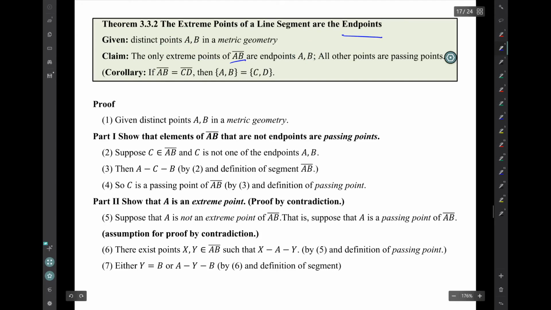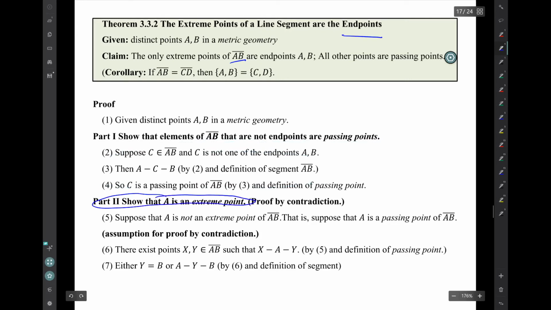Now the proof of this is very interesting. Now note the proof structure. We start by stating the given stuff. First thing we do is that we show that elements of the segment that are not endpoints are passing points. That's very straightforward. I'll let you read that in detail. The next thing we do is we show that A is an extreme point.